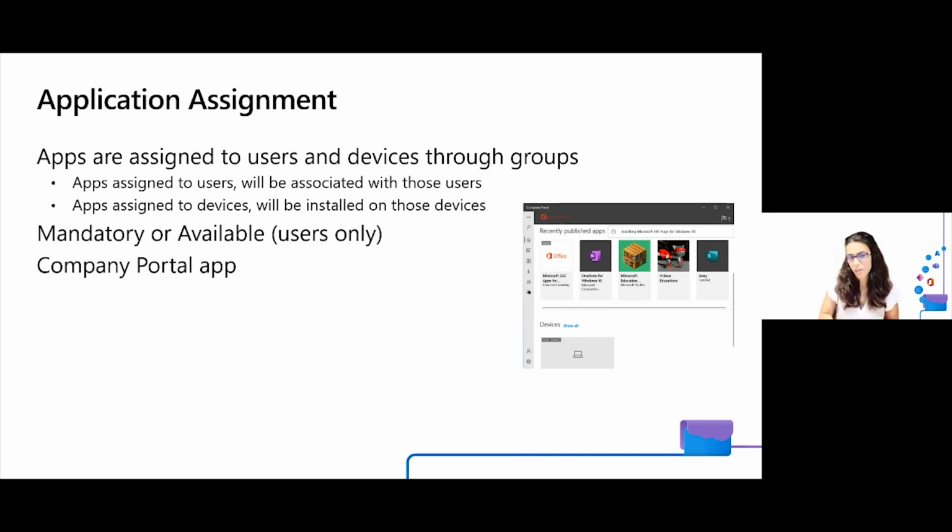The assignment that you make there will travel with the user from device to device. If you assign them to devices, you are installing applications on devices no matter who signs into that device. With applications, you can assign them in 2 different ways. The first way is the mandatory, or required, application assignment.